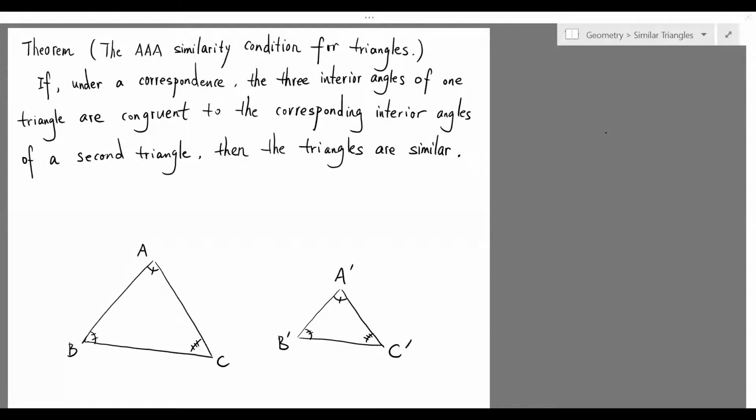For instance, if we have these two triangles, ABC and A'B'C', if we know that correspondingly, angle A is congruent to angle A prime, angle B is congruent to angle B prime, and angle C is congruent to angle C prime, then these two triangles must be similar to each other, which means on top of the congruence between the corresponding angles, the corresponding sides must be proportional.